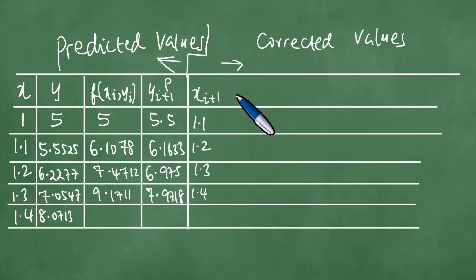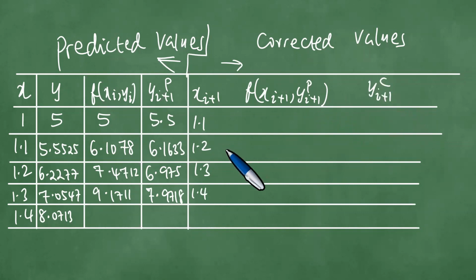And then here, this one is f of xi plus 1, then you have yi plus 1 p. Then you have here yi plus 1 like this.